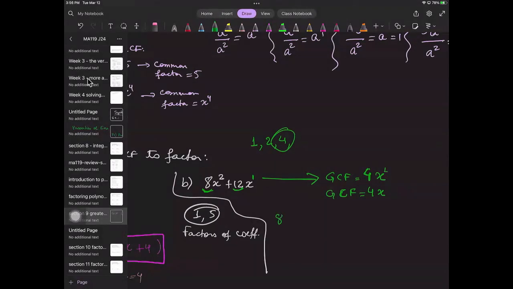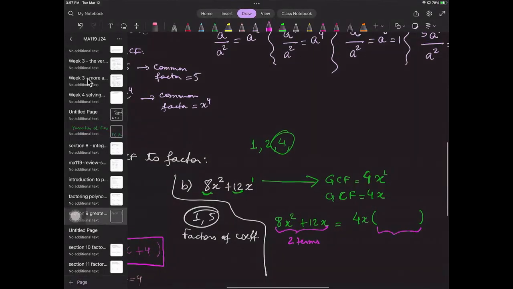So my polynomial, 8x squared plus 12x, has to be written as 4x times something with two terms because I have a two-term polynomial. So when I factor out the GCF, which is always one term, the parentheses part has to also have two terms. Otherwise, it's not going to be the same polynomial.